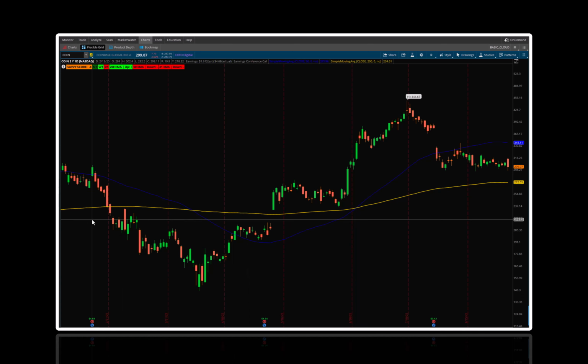The first one that comes to mind is almost immediate, and that's whenever I see this right here. I see an area where price was struggling to make new highs, and it looked like we were making lows here, made another minor low, and then another low, and then finally we made a higher low. We started to move up, and this is almost an inverted head and shoulders pattern.